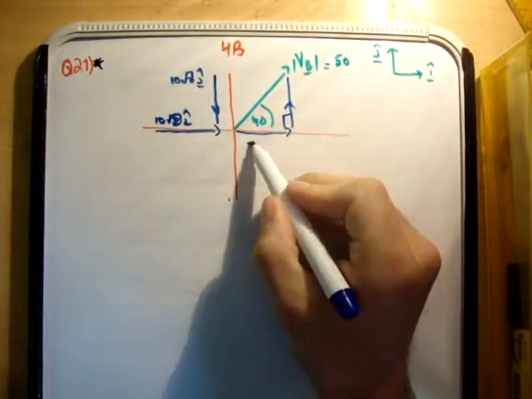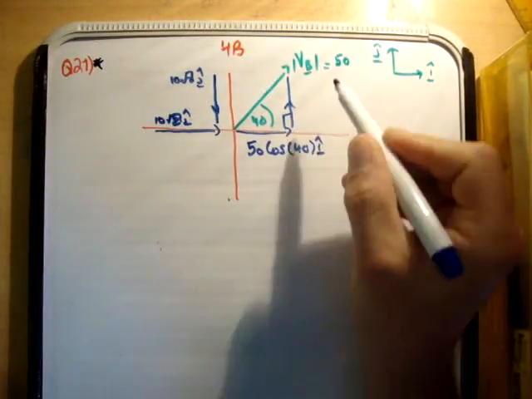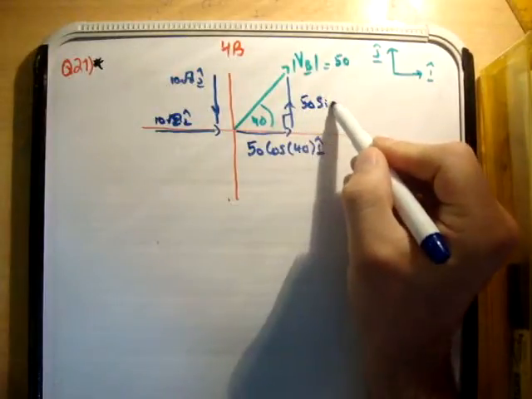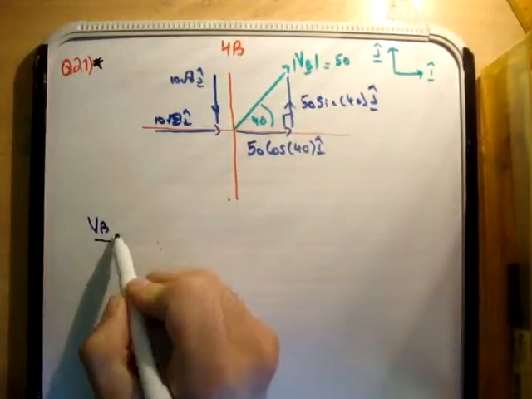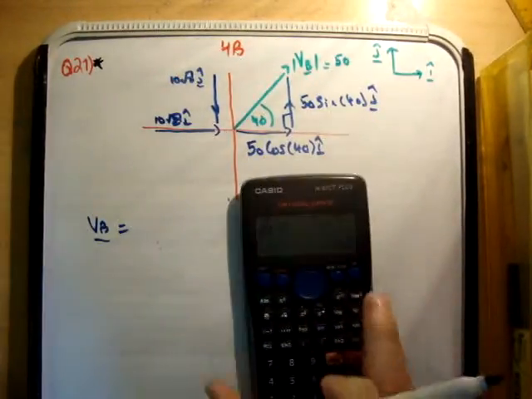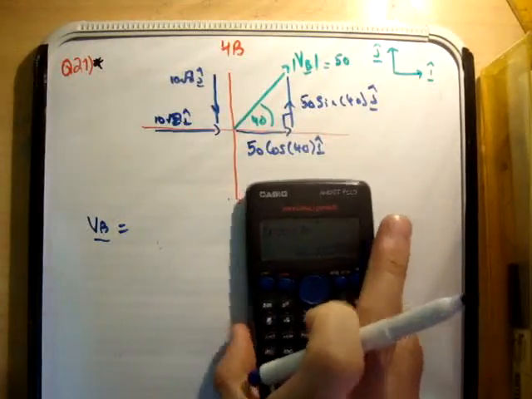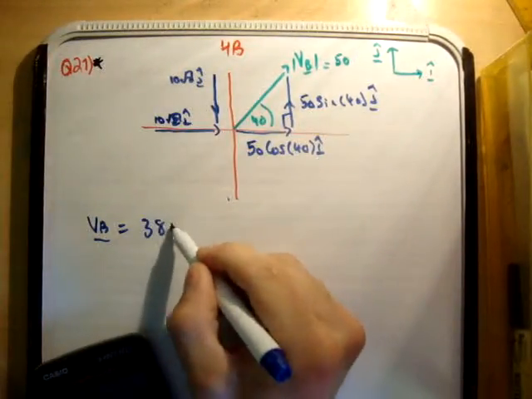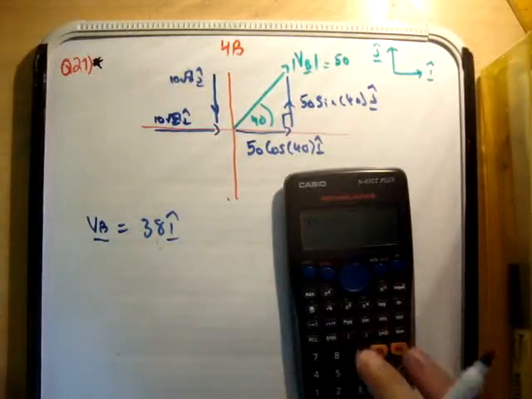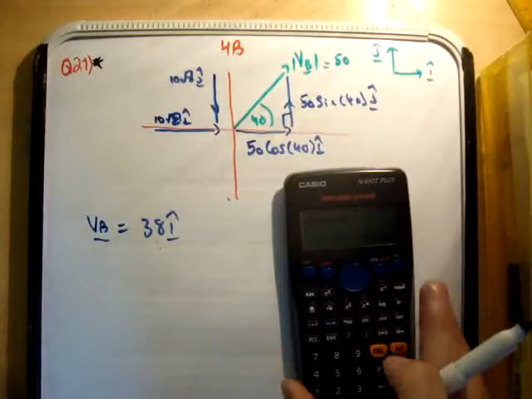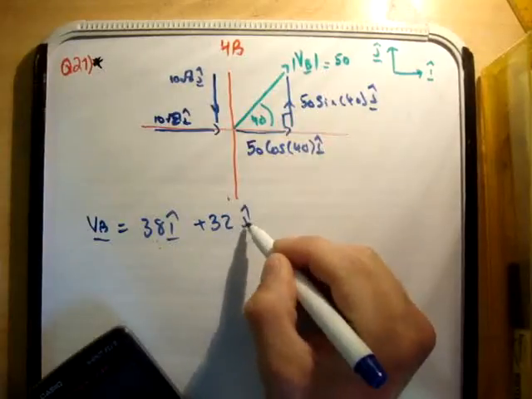And this is going to be 50 times the cos of 40 i hat. And this is going to be 50 times the sine of 40 j hat. So we'll find that VB is equal to, 50 times the cos of 40 gives us 38.3, so I'll say 38 i hat. And then we have 50 times the sine of 40, and that's 32.1, so we'll say plus 32 j hat.